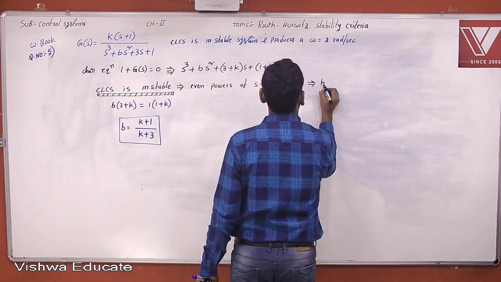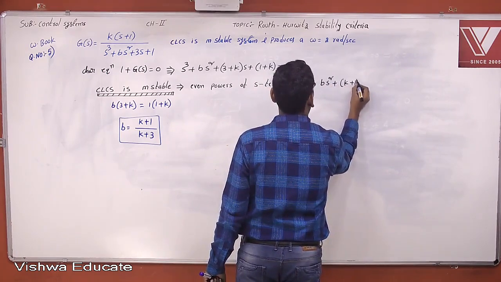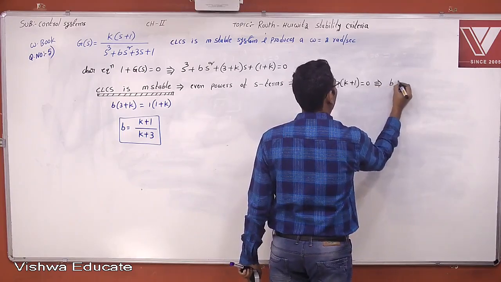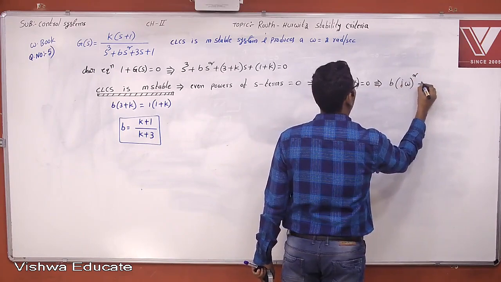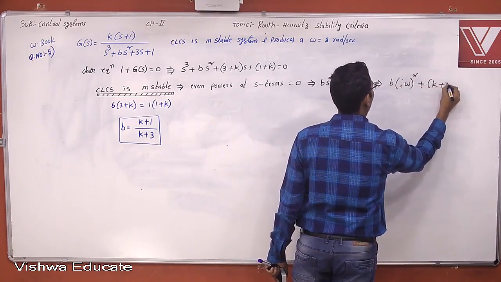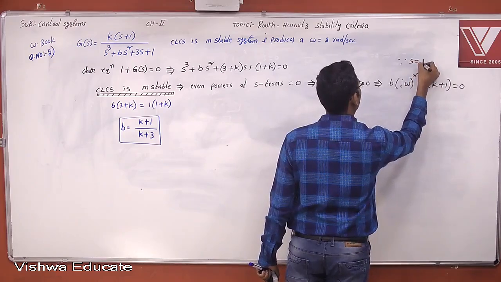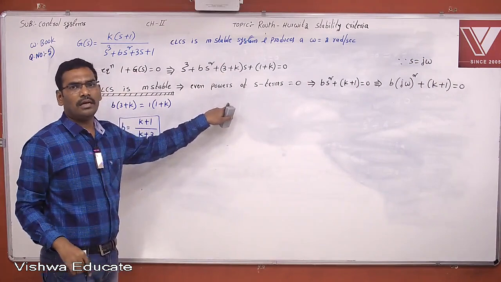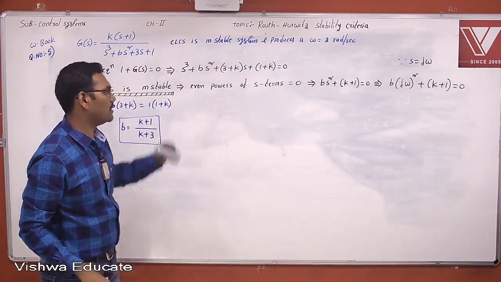Now b s square plus k plus 1 is equal to 0. Can I write it like this? b into (j omega) whole square plus k plus 1 equal to 0, taking s equal to j omega. So this is the procedure of finding the frequency of oscillations if the system is marginally stable.